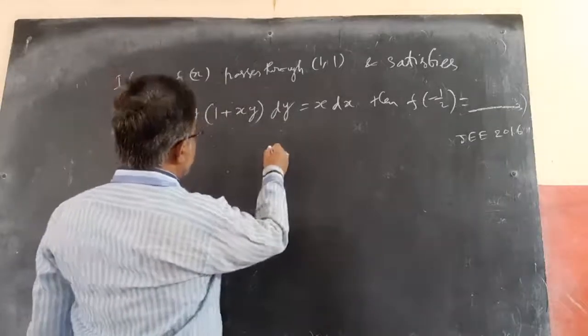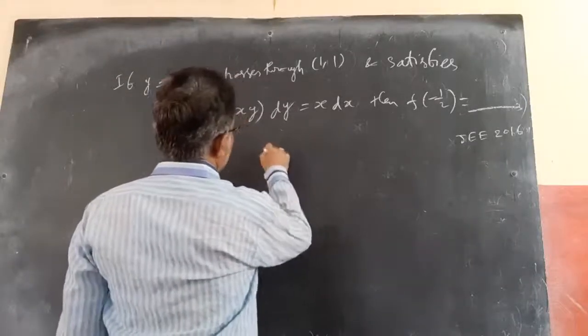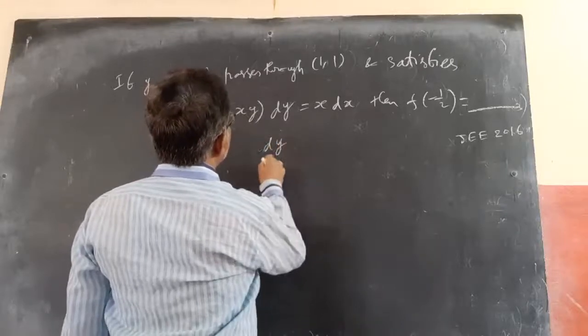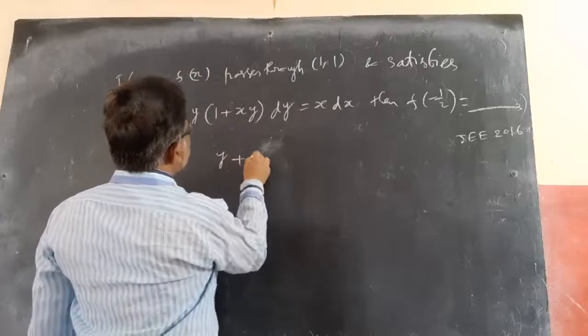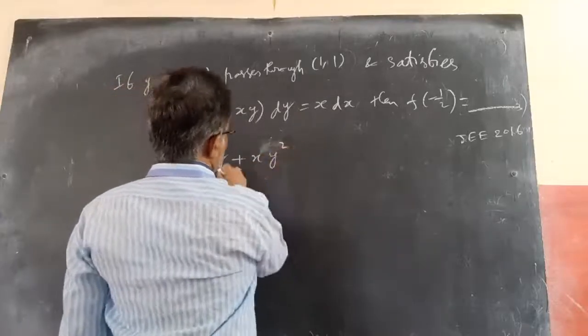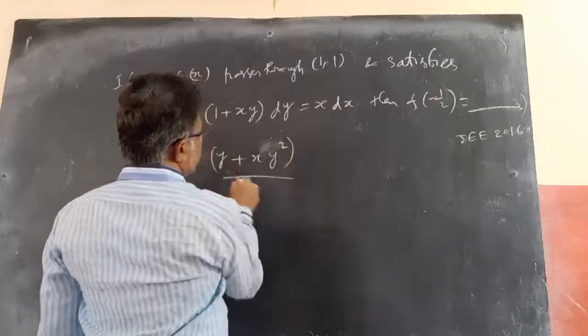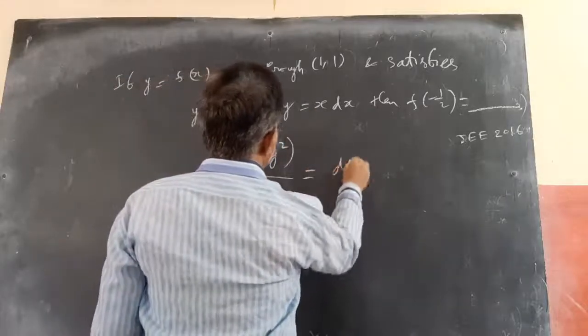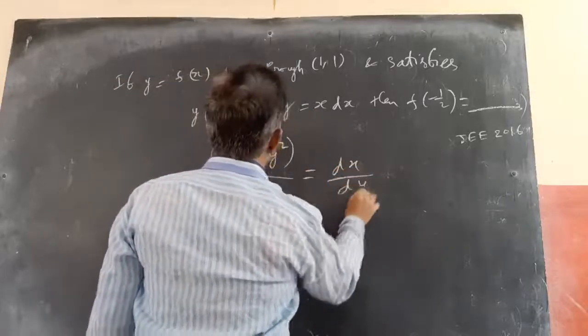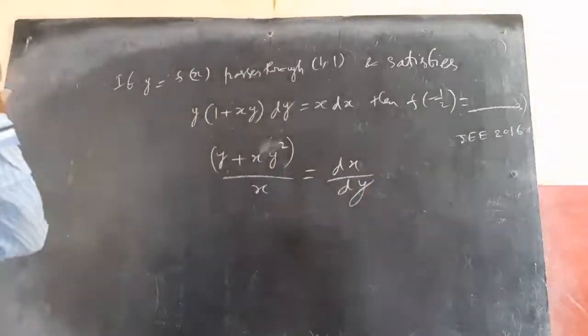So dy by dx equal to, or I will bring dy to this side, it becomes y plus xy square by x. If I bring this x to this side, it becomes dx by dy.